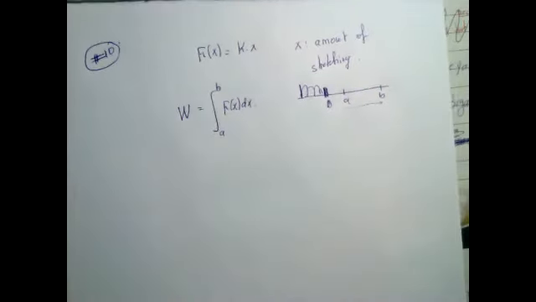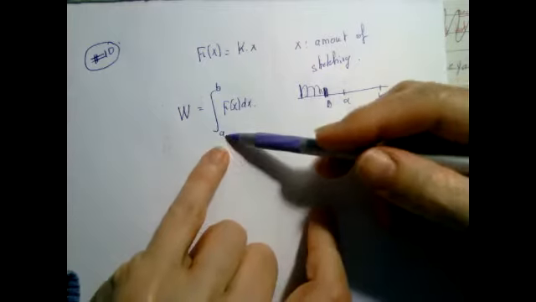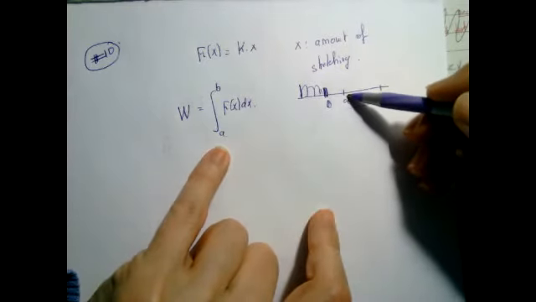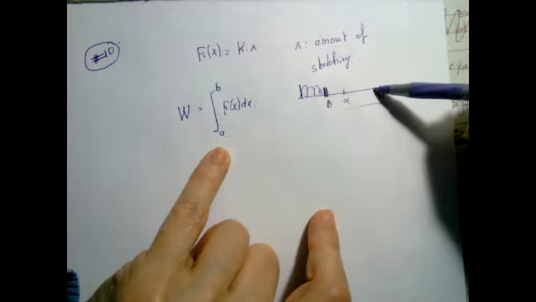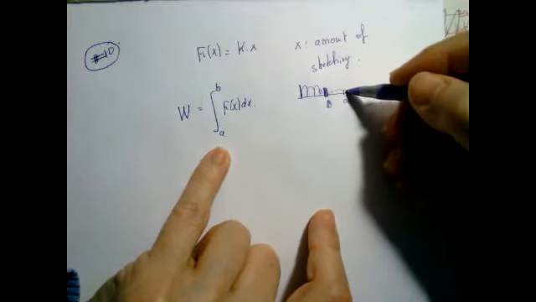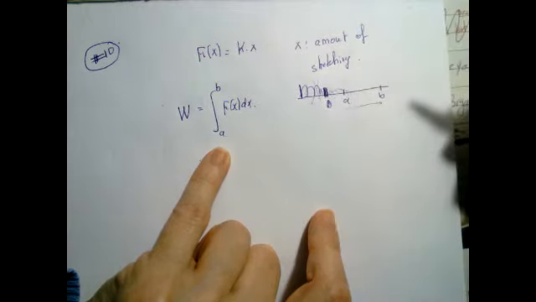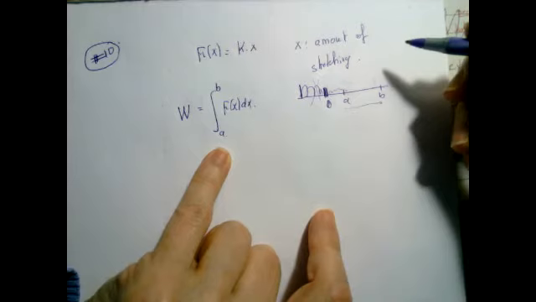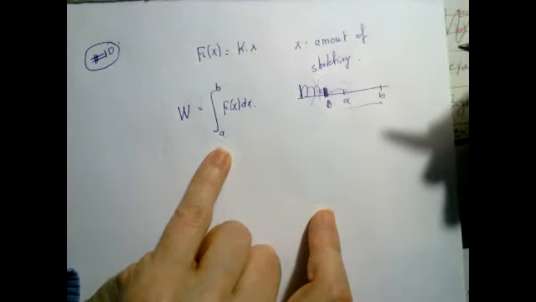But what's important is that the A here is how much we stretch it beyond the equilibrium, and the B is how much we want to stretch. It has nothing to do with the actual length. And why this comment is relevant will show up in this particular problem.